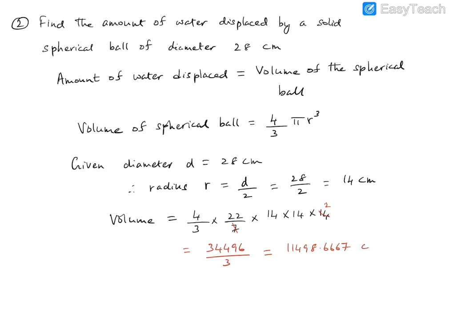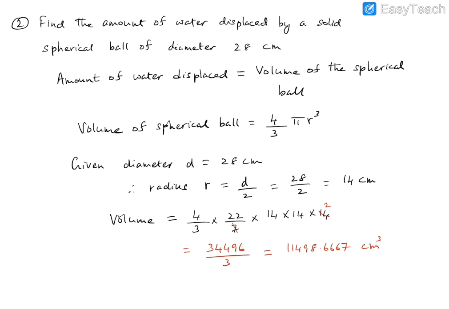The unit is centimeter cube, because we are given the value of the diameter in centimeters, therefore the radius is also in centimeters. So we have the volume of the spherical ball as 11,498.6667 centimeter cube.